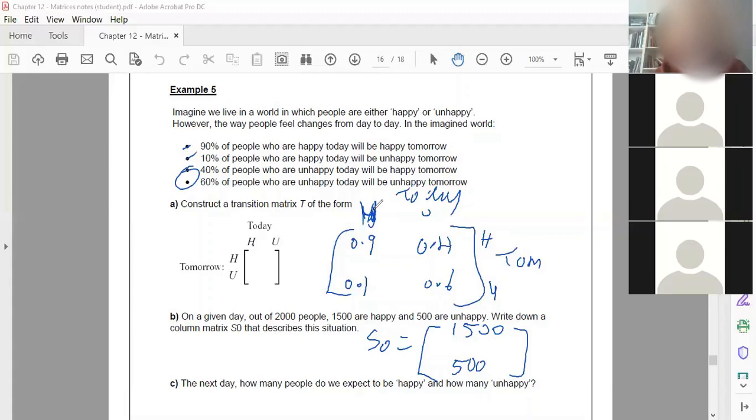The next day, how many people do we expect to be happy and unhappy? So we want 1 day later. So S of 1 is T times S of 0. So 0.9, 0.1, 0.4, 0.6 times 1,500, 500. Okay, let me do that.